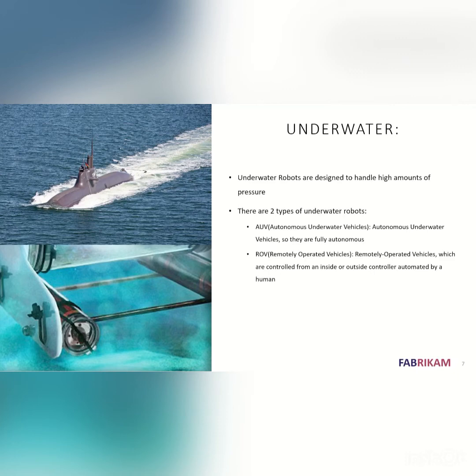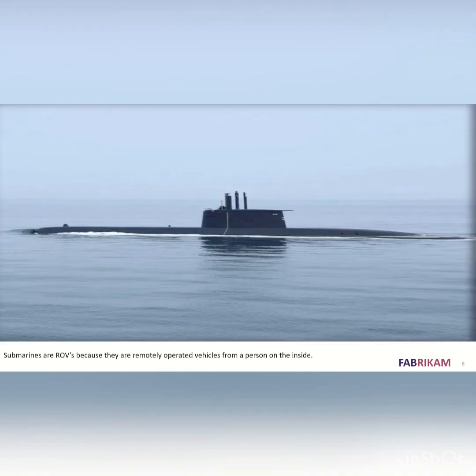And ROV, which is remotely operated vehicles. This is kind of general, so it's when the vehicle is being controlled from the inside or outside by a human. Submarines are ROVs because they're remotely operated vehicles from a person on the inside, or they can be on the outside maybe.